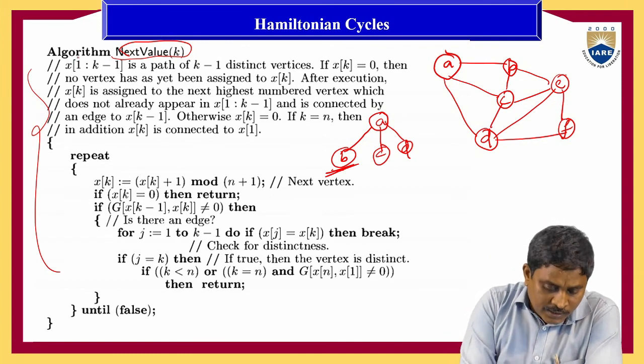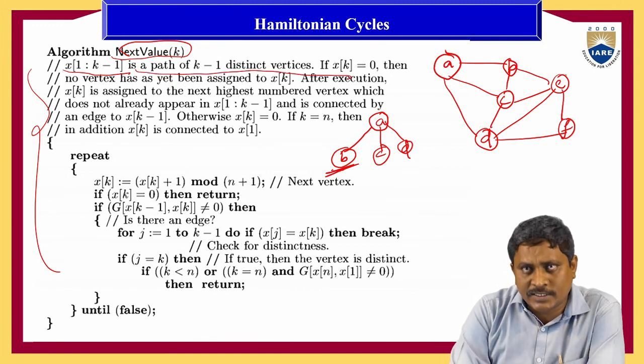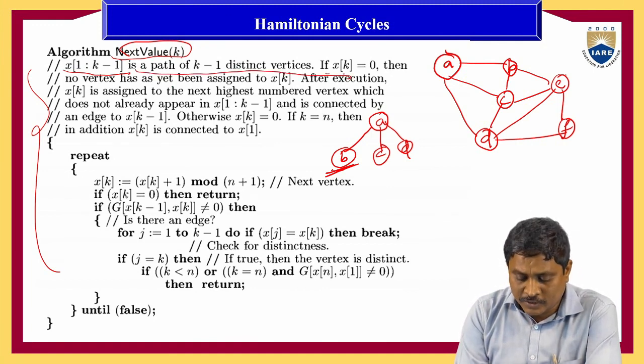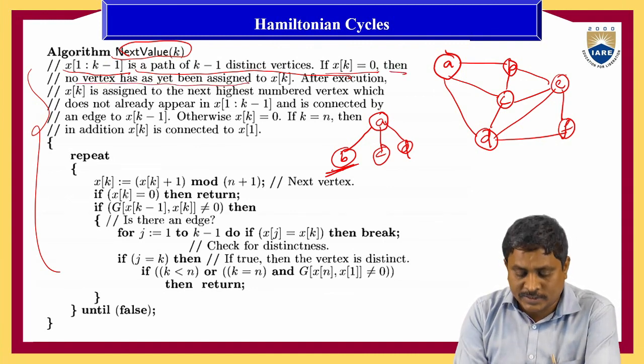Now here we see that x of 1 to k minus 1 is a path of k minus 1 distinct vertices. If x of k equals 0, then no vertex has yet been assigned to x of k.